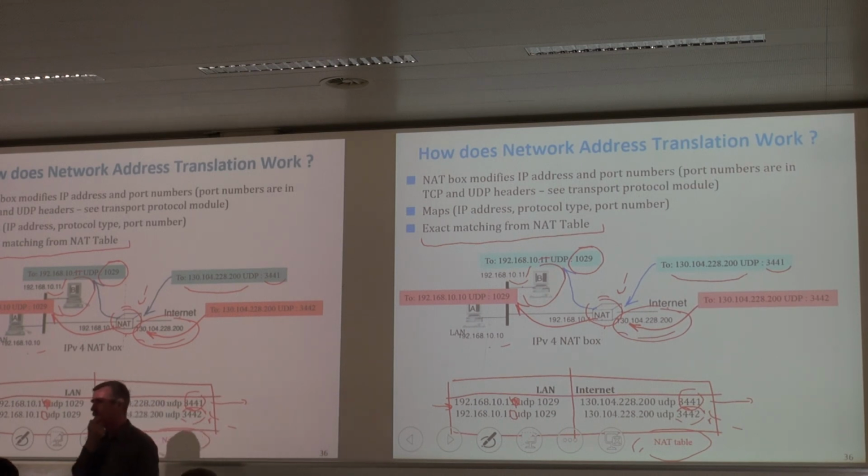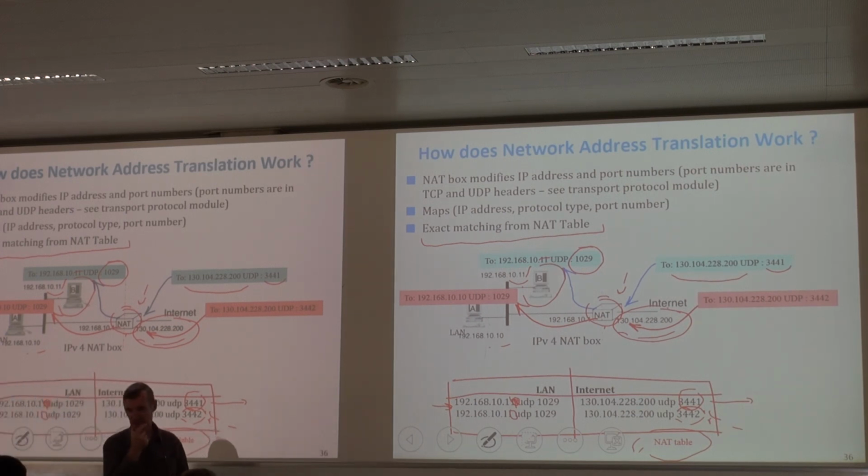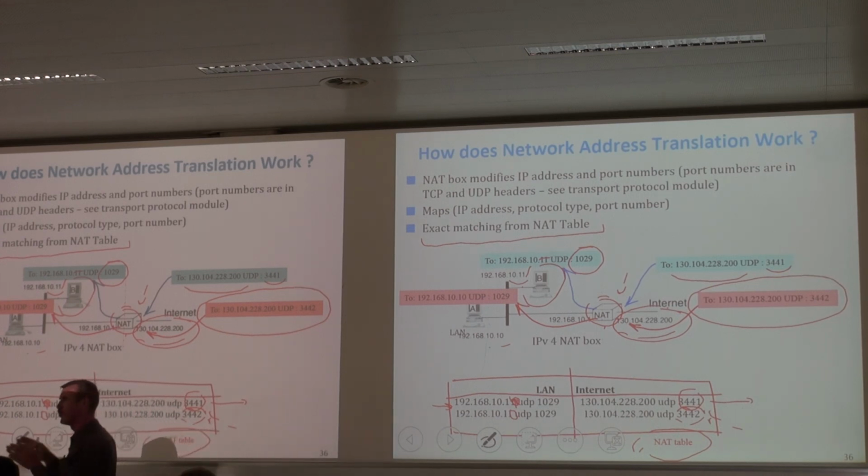Yes? How does the internet know that the UDP port is 3441? No, it doesn't know that. So in this packet, there is an IP header with this destination address and a protocol type in the IP header that says it's UDP.